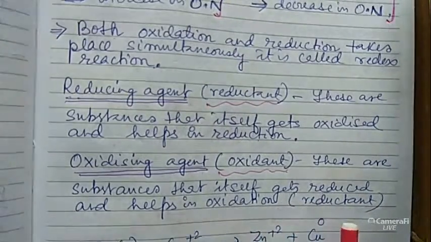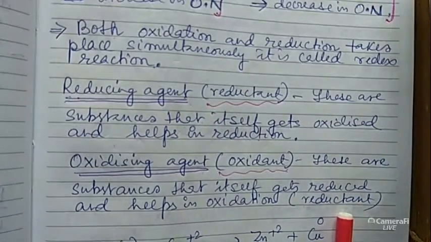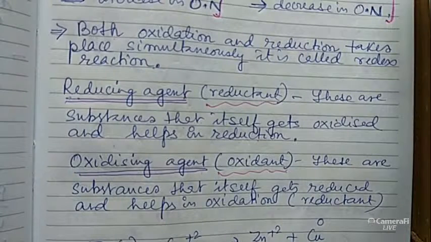So just remember, oxidant means that itself gets reduced, and reductant means that itself gets oxidized. So both of them are opposite of each other. As I have told you, oxidation is exactly the opposite of reduction. In the same way, oxidant is exactly the opposite of reductant.